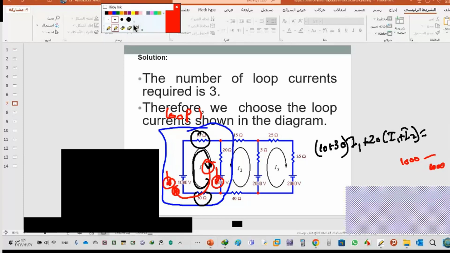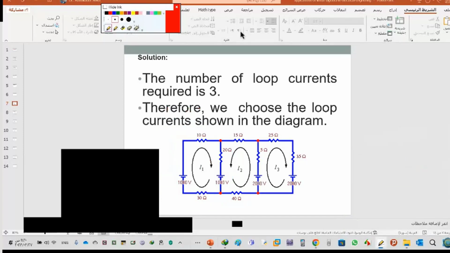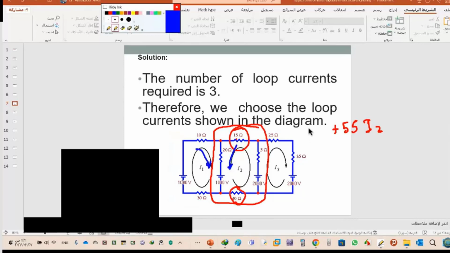Okay. Now another loop is this one. I2 passes through 40, 20, or 15, sorry. So here I have I2, 40 plus 15, it's 55 alone. Then see I1, same direction. So here you can say I1 with 20, 20 I1, good.